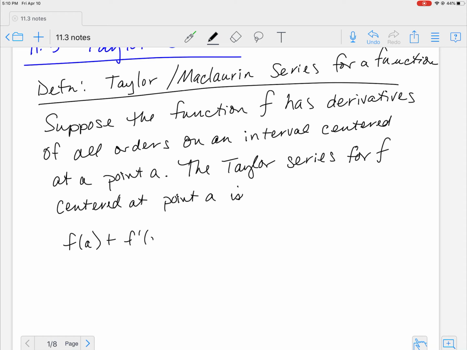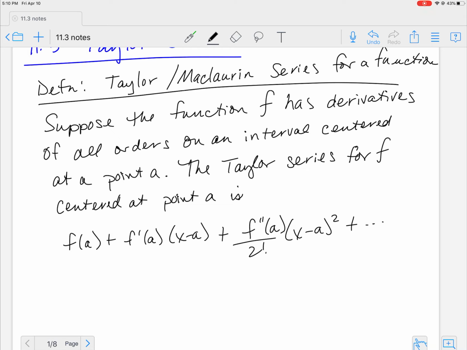f of A plus f prime of A times x minus A plus the second derivative at A over 2 factorial times x minus A squared plus more of that. Now that's our polynomial, right? That's our Taylor polynomial that we already talked about. But when we did our Taylor polynomial, we did specific terms.